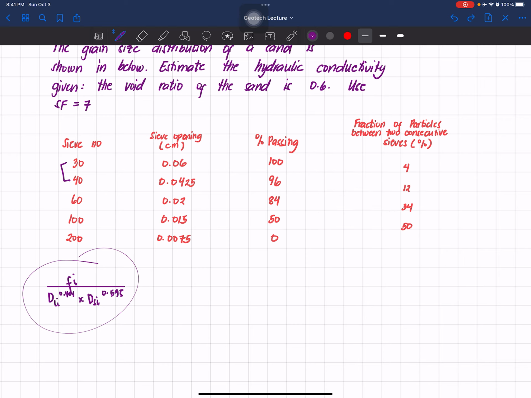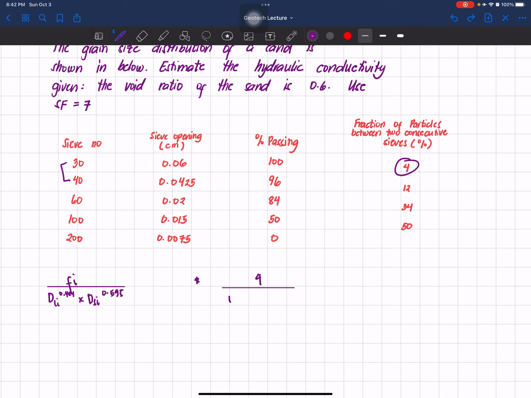Okay? So, in this case, we have 4 na terms. So, the first term is actually this 4 here. So, we have 4 divided by, what are the diameters of the sieve na nagbabound dito sa 4 na ito? So, that is 0.06 and 0.425. So, yung DLI natin, that is the initial sieve.